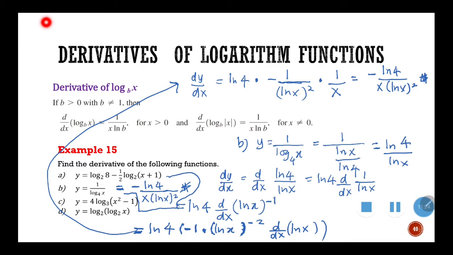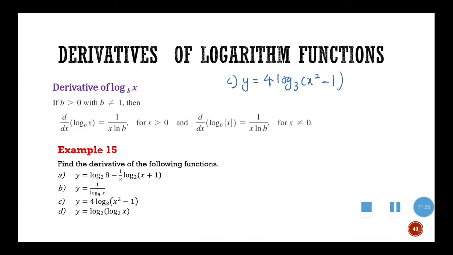Okay, for C it is also the same. For dy over dx, first you change to ln. When changed to ln, it becomes 4 ln (x squared minus 1) over ln 3. What is the constant here, and what do you need to differentiate?